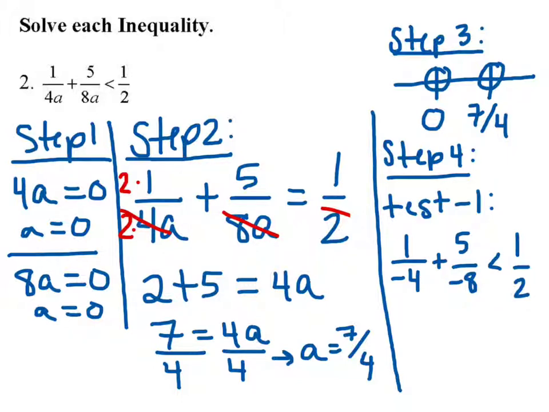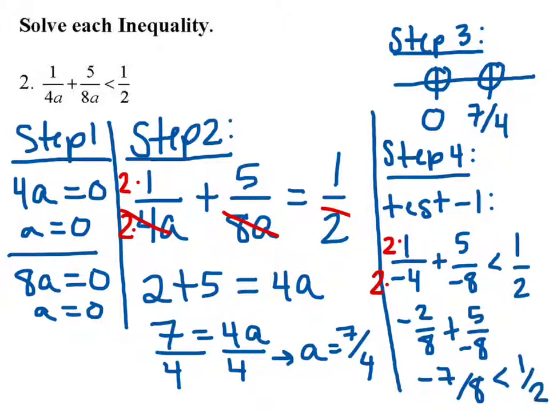To combine that with the 5/8, let's multiply the top and the bottom by 2. Well, the next step, I would end up with a -2/8 plus -5/8 for a grand total of -7/8. That is certainly less than 1/2. So all of the values that lie to the left of 0 will make this a true statement.